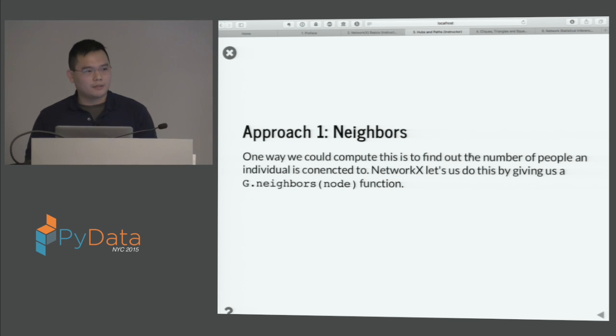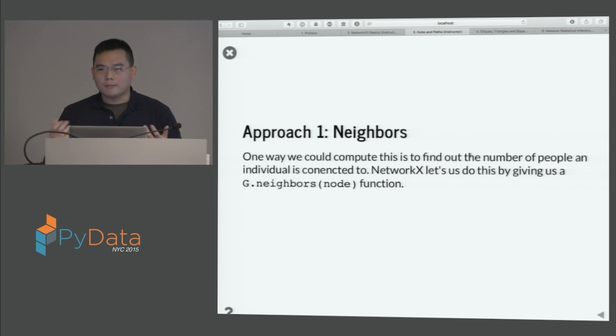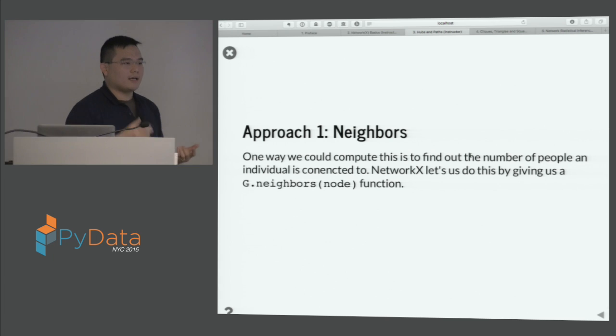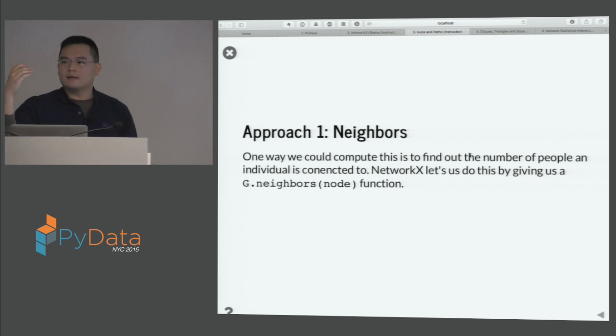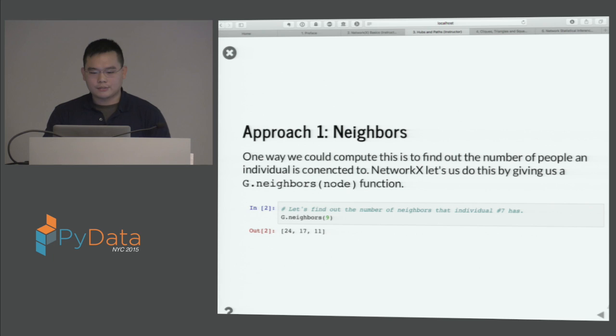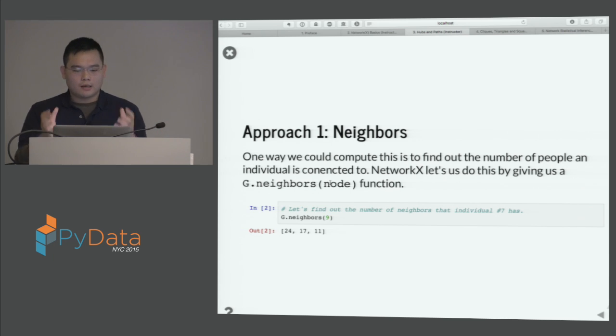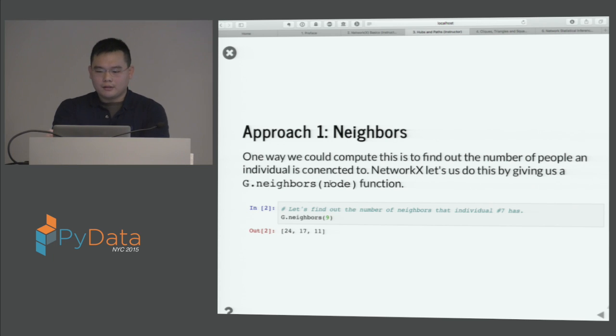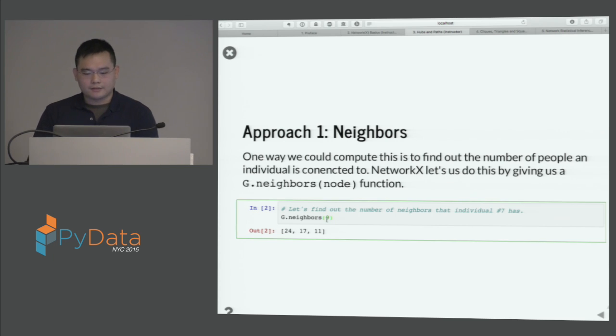So one approach is a neighbors approach: we can ask how many people this individual is connected to in a network. NetworkX provides a g.neighbors function, with a node parameter, that lets us figure out the number of neighbors a particular individual has.